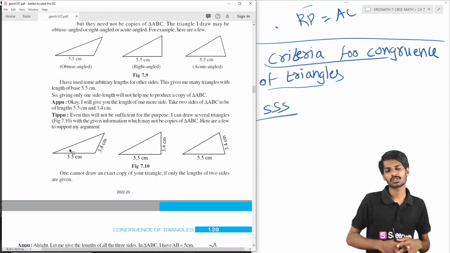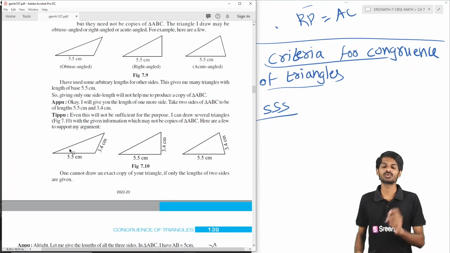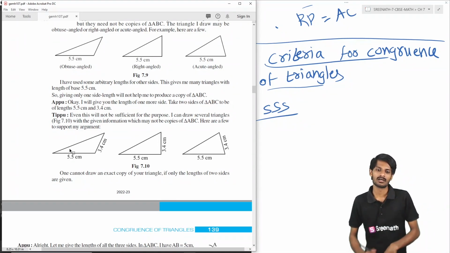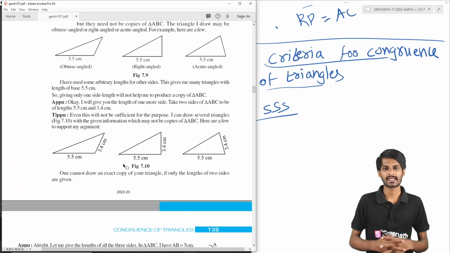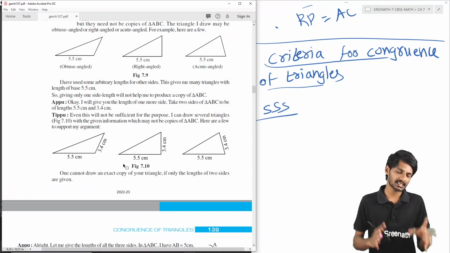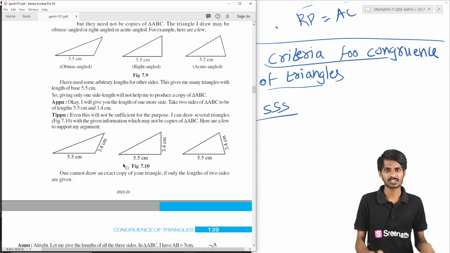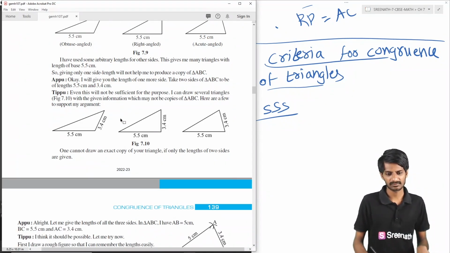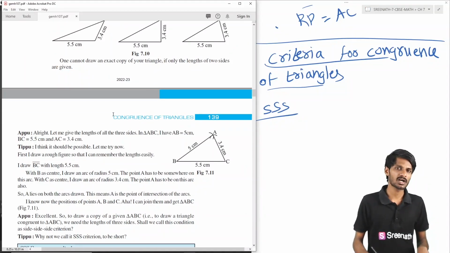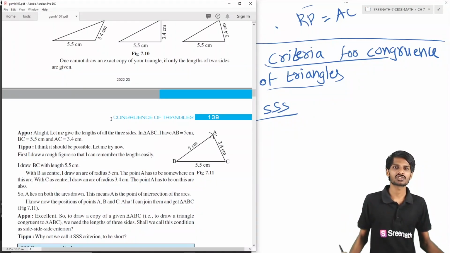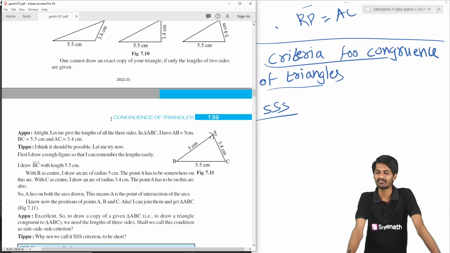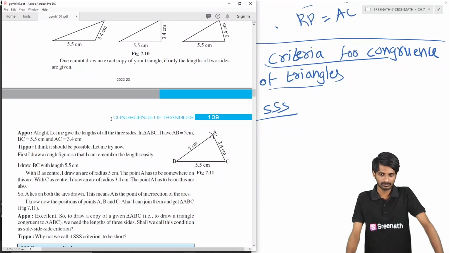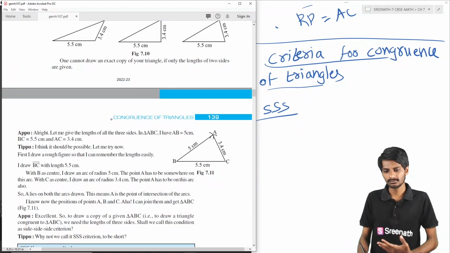Using the information of two side lengths, in this case also Tippu gets so many triangles. The triangle exactly identical to triangle ABC is not easily obtained. So next Appu gives some more information, the third side length also, which means the length of all sides.